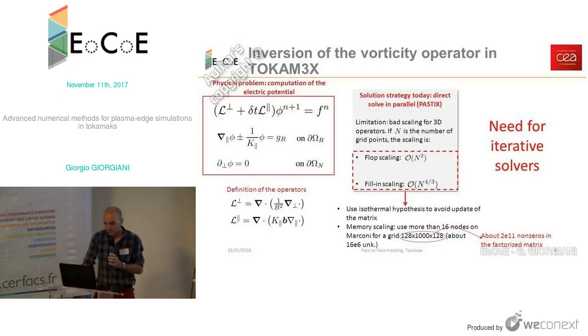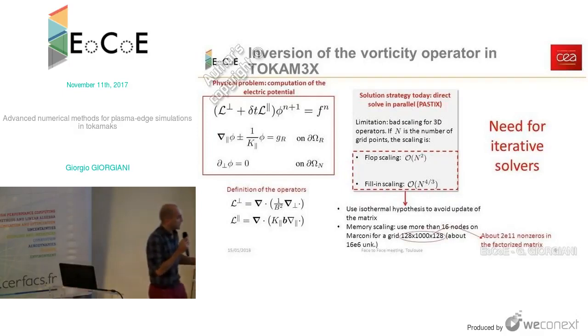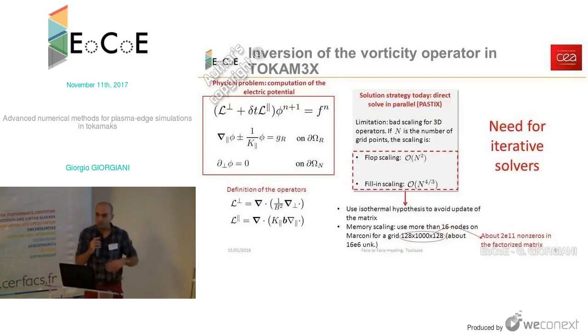So it means that, for example, for very large cases, we are obliged to use this hypothesis of isothermal plasma, which allows us to factorize the matrix just once at the beginning of the time iteration, then keep the factorization for all the simulation.